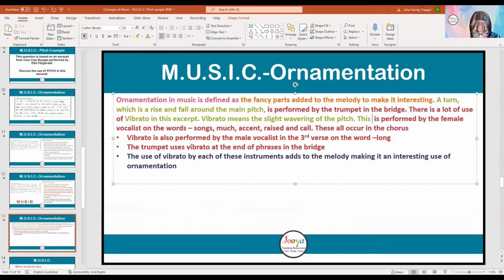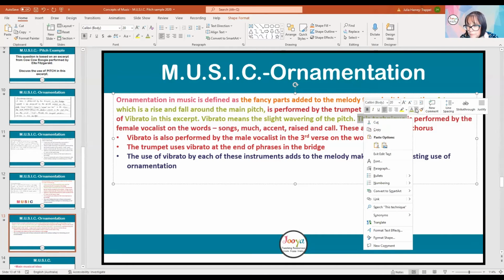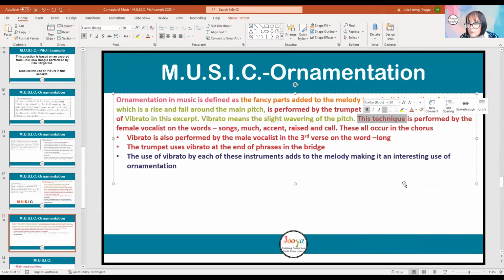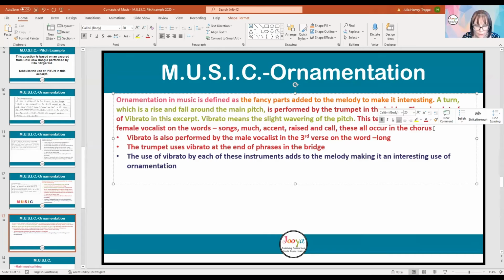This technique is performed by, so this is again the sample, so I'll make that red now, the female vocalist on the words songs, match, accent, raise, and call. These all occur in the chorus.